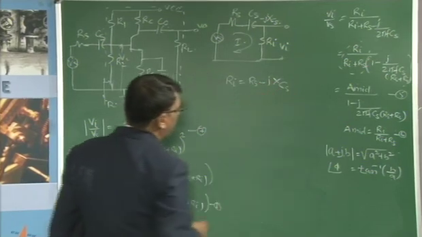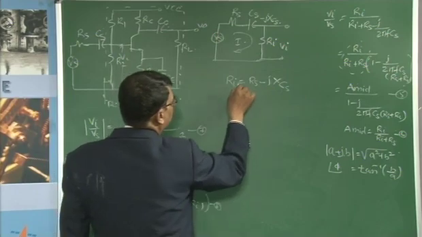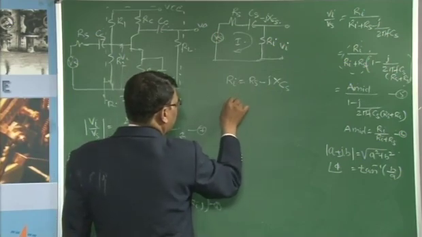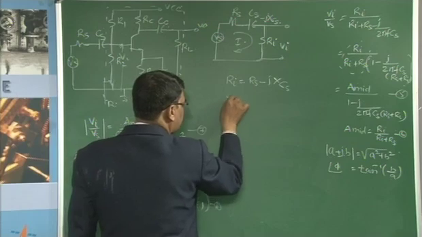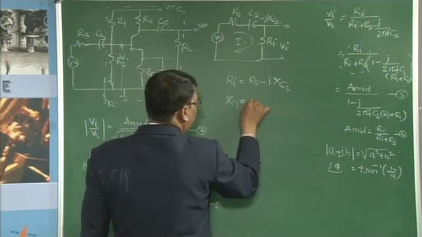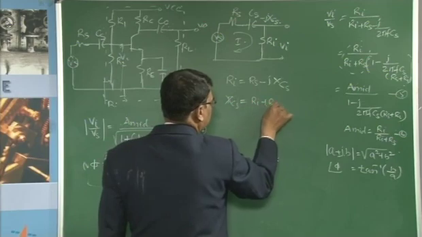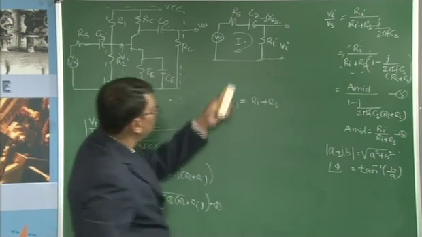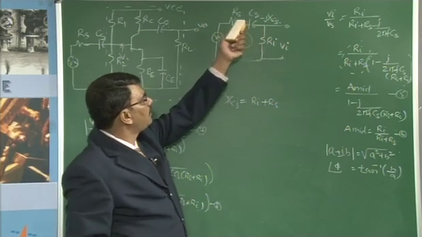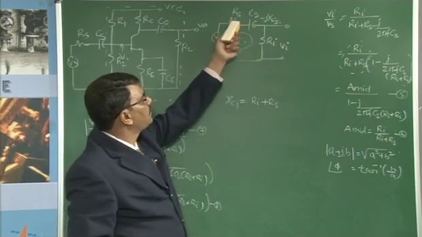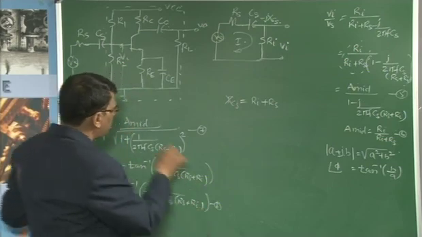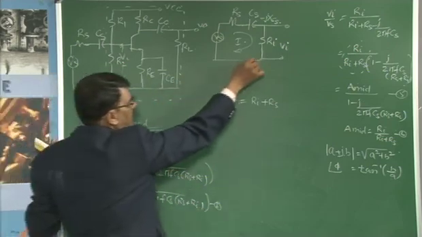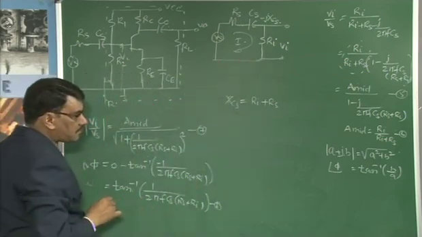Considering the magnitude, we get that X Cs is equal to Ri plus Rs. That is, if the reactance of this capacitor is equal to the resistances Rs and Ri, then this network transfers the maximum power.